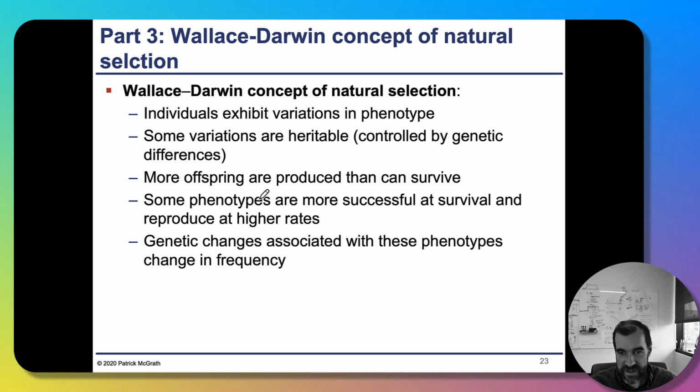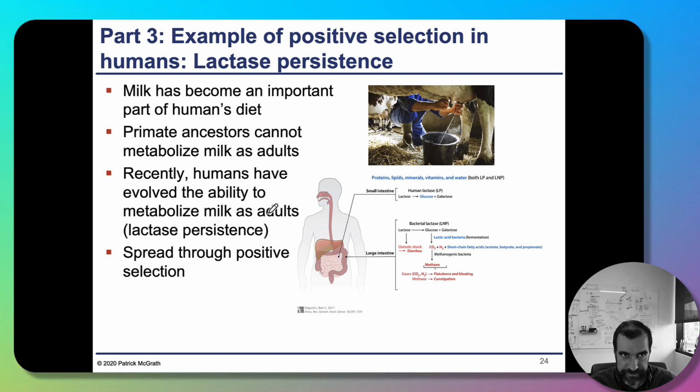So some phenotypes are more successful at survival and reproduce at higher rates. Consequently, if individuals with a certain phenotype are more likely to survive, then the genes that they carry will also change in frequency accordingly.